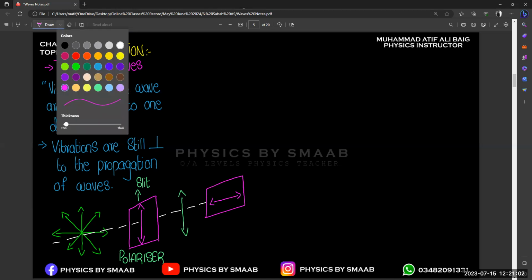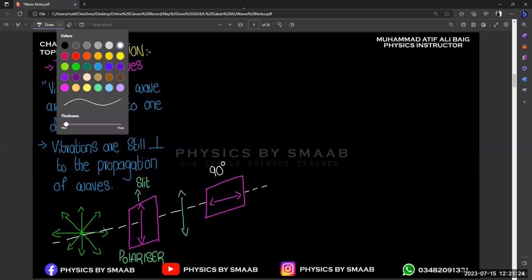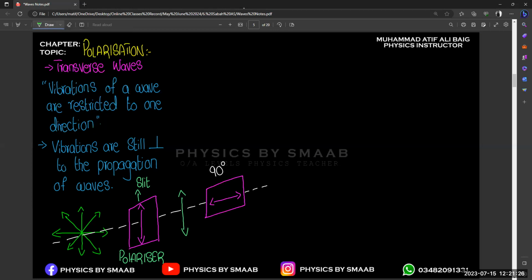If we continue the path of this wave, after passing through this polarizer we get nothing, because the orientation is rotated by 90 degrees. First it is in a vertical position, then it is rotated 90 degrees, so now it is in a horizontal position, and we know that the vibration in one orientation is perpendicular to the other.